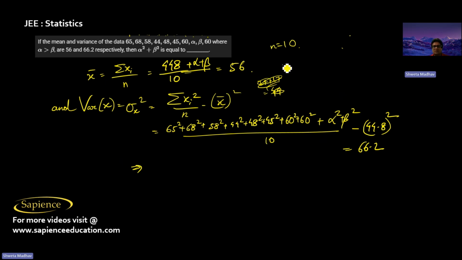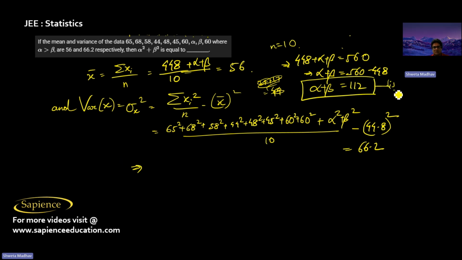Okay, so therefore 448 plus alpha plus beta that is equal to 560. Therefore alpha plus beta that will be equal to 560 minus 448 that is equal to 112. So alpha plus beta is 112. So this is our equation 1.